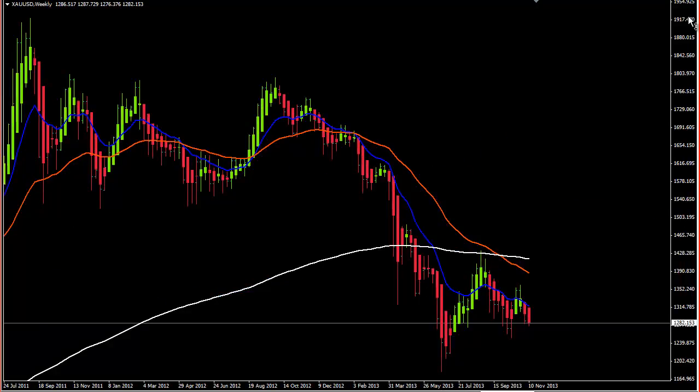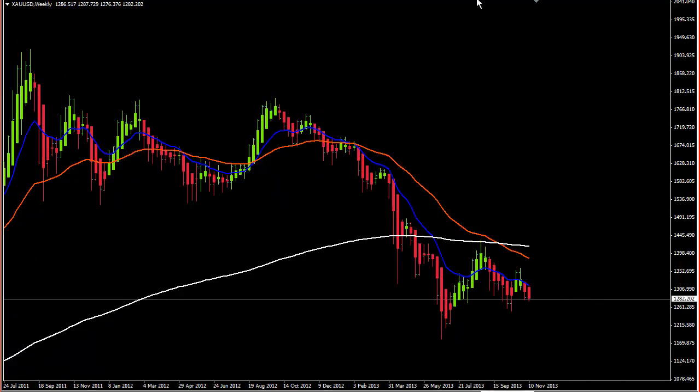Gold, I also want to check gold a little bit. As I said, just a reminder. Look at this. We have resistance, we have support, we don't have lower lows, we don't have higher highs. I don't like this at all right now.